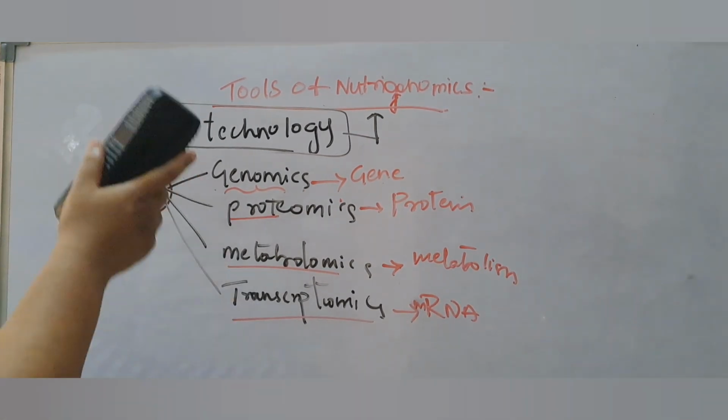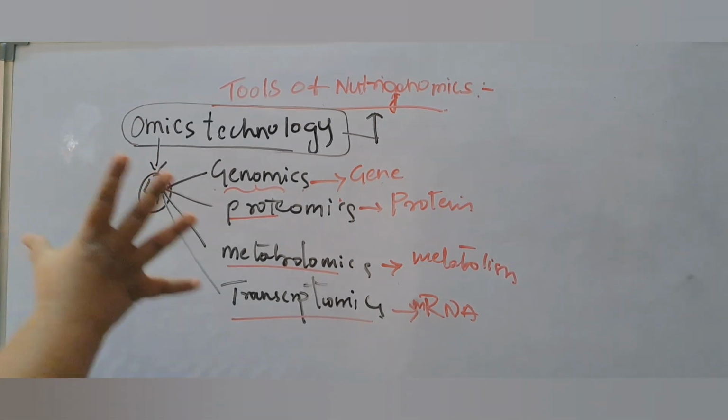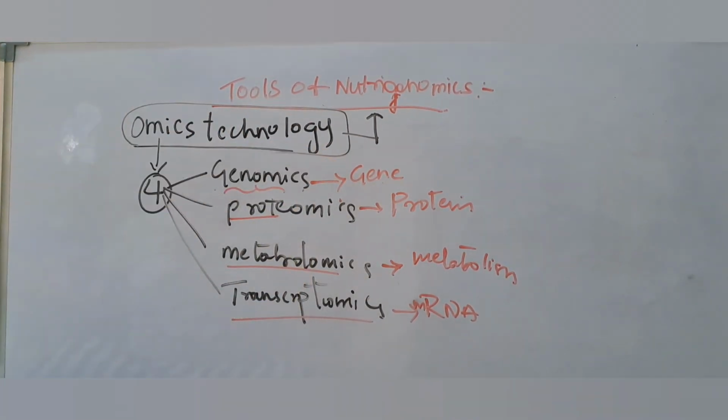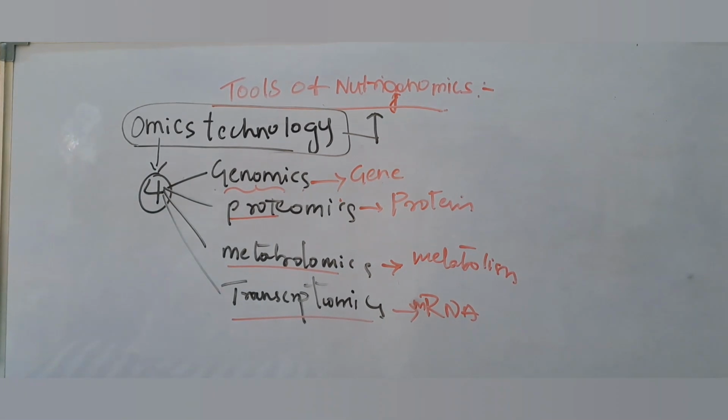Prior to knowing these technologies, you need to know the pathway of the analysis. How these analyses were done, you have to know. If we go to genomics, first the researcher will analyze a particular gene, and then they will identify the gene expression, what that gene is expressing, and next they will know if there is any variation.